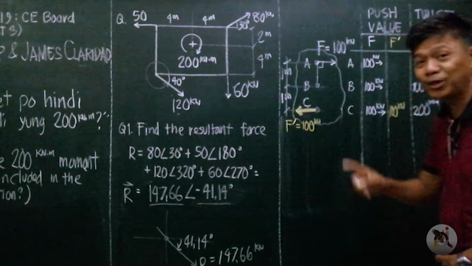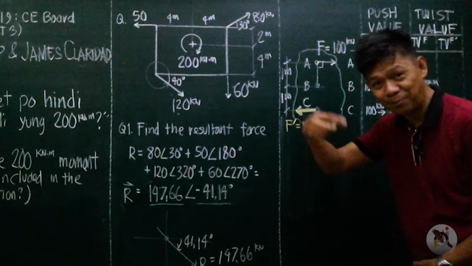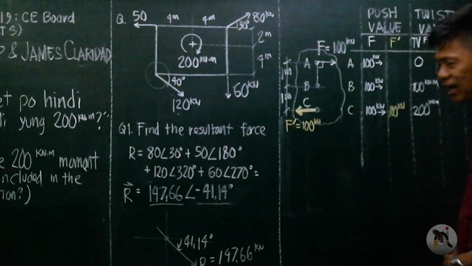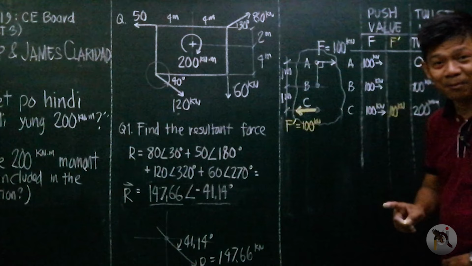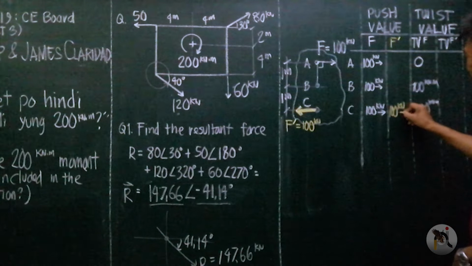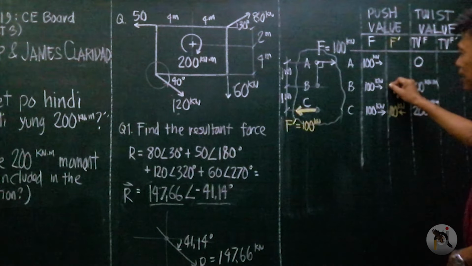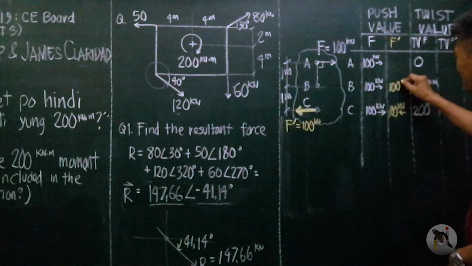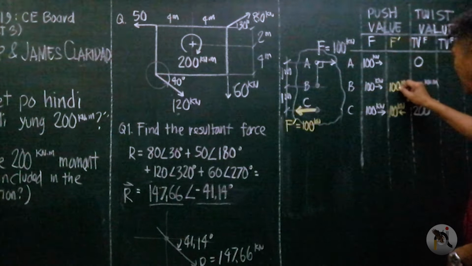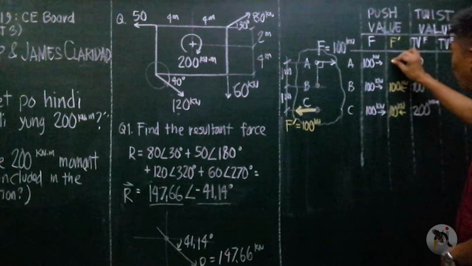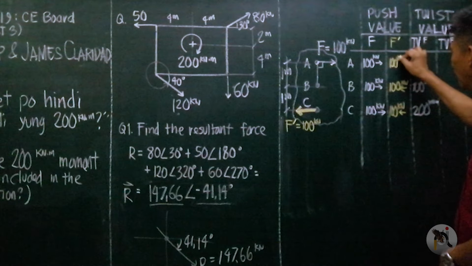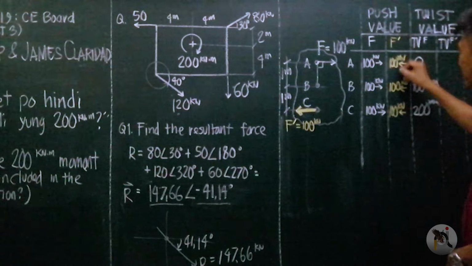The push value of a force, or simply the magnitude of the force at any point, will be the same. So this is 100 kilonewton to the left. At point B, 100 kilonewton to the left. At point A, 100 kilonewton to the left.